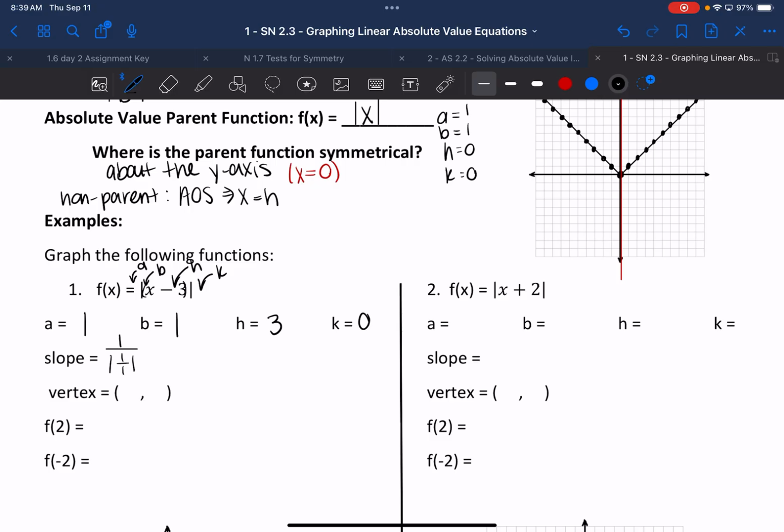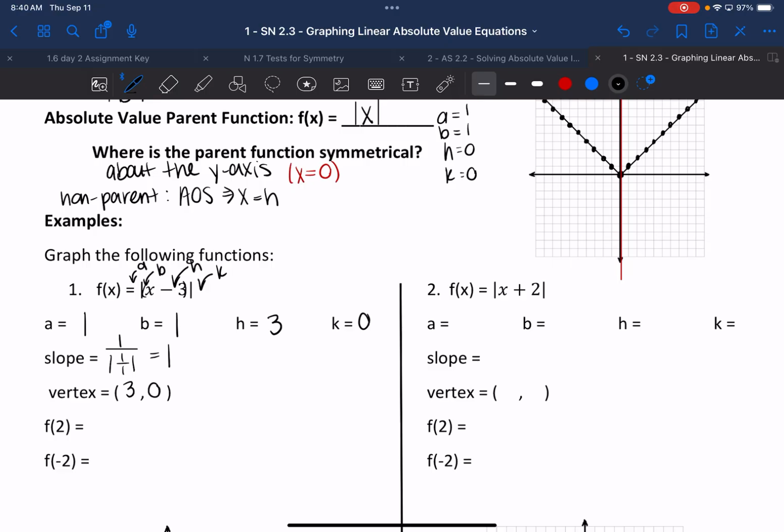The absolute value of 1 is 1. So 1 over 1 again is truly just 1. So just like with the parent function, we're still just going up 1 and over 1, okay? All right, and then my vertex, remember my vertex is HK. So what would our vertex be here?